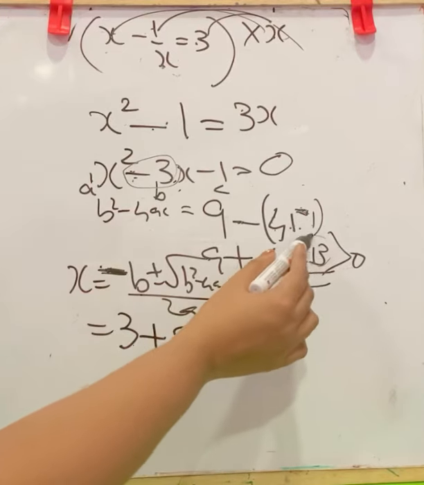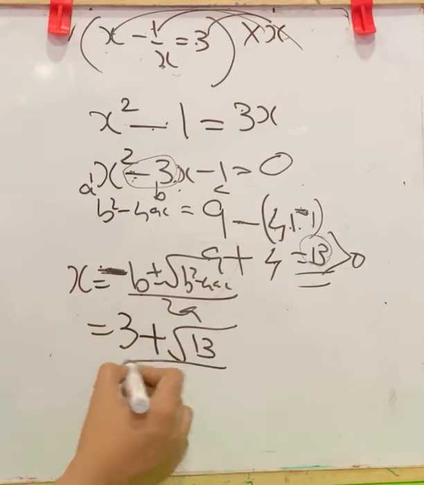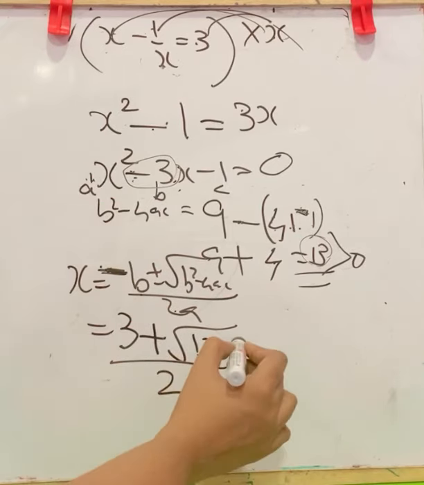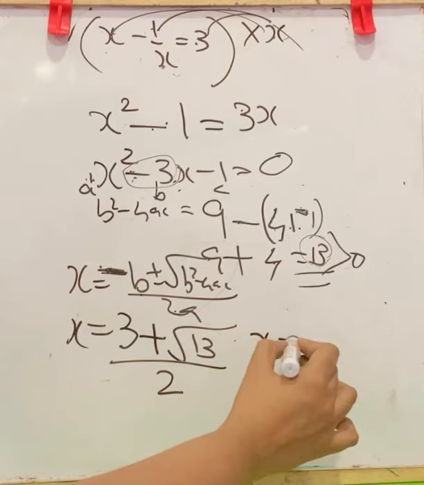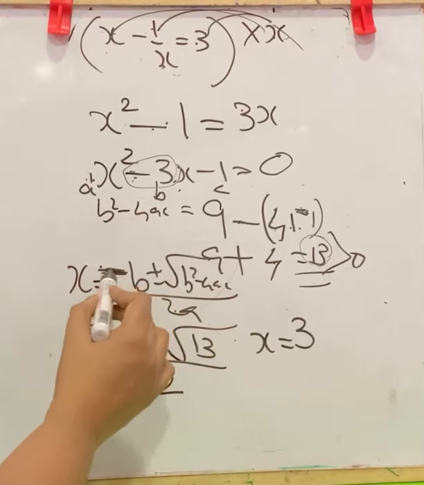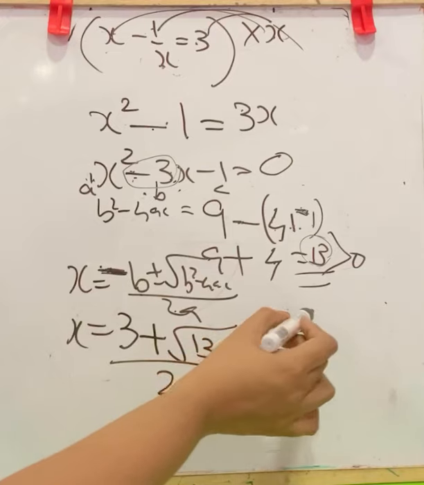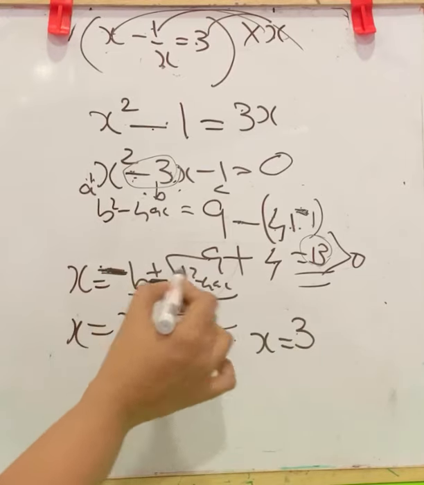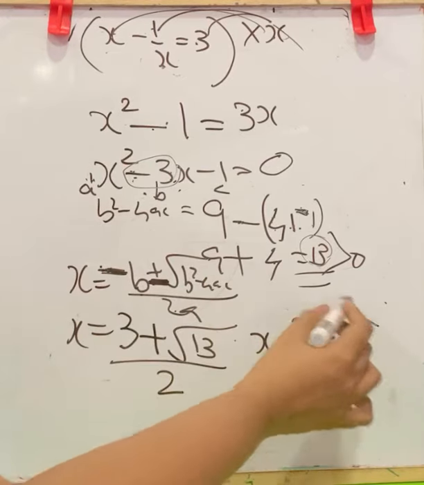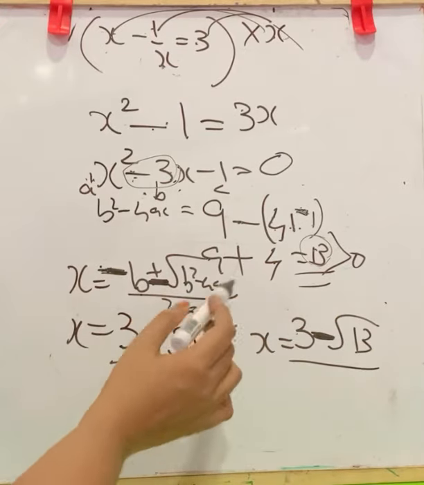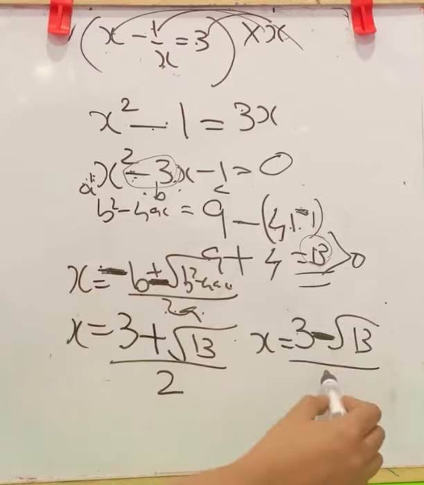Here we got b square minus 4ac is 13, by 2 into a. a is 1. 2 ones are 2. Also x is equal to 3. Again negative b means negative of negative 3, positive 3. Now we will take this negative root, b square minus 4ac is 13, by 2a, again 2 into 1, 2.